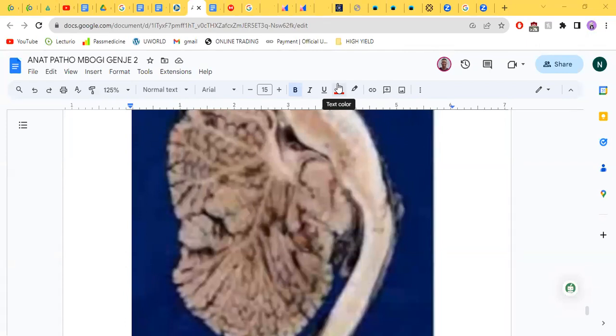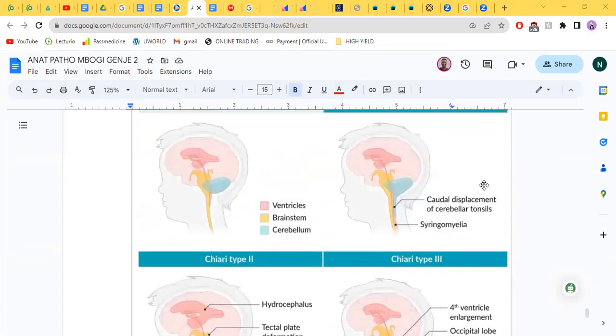I'm being told that Arnold Chiari is the other name for type 2 Chiari malformation. So maybe we can differentiate between type 1 and type 2. Type 2, yes, I've seen the chart. For type 1, you only notice herniation of the medulla.